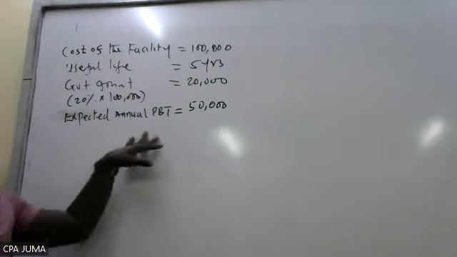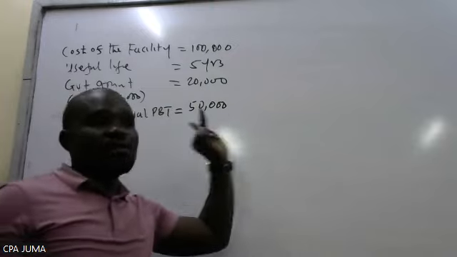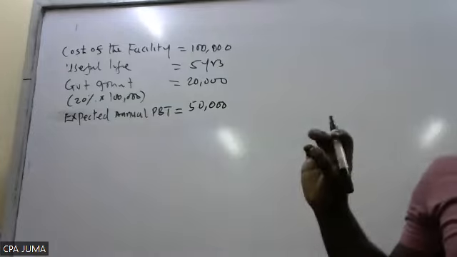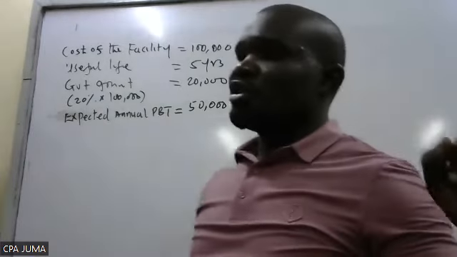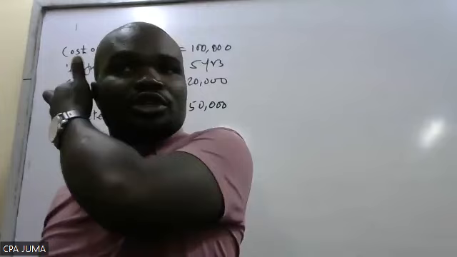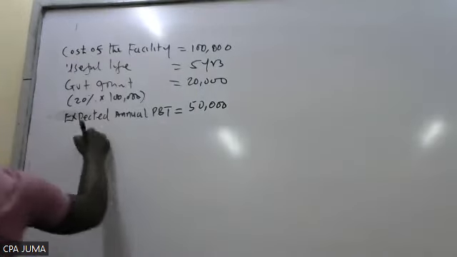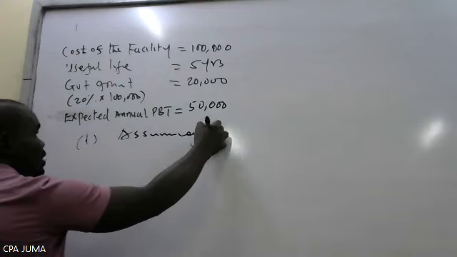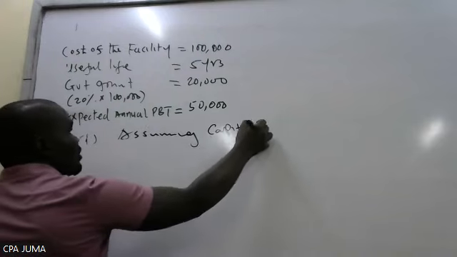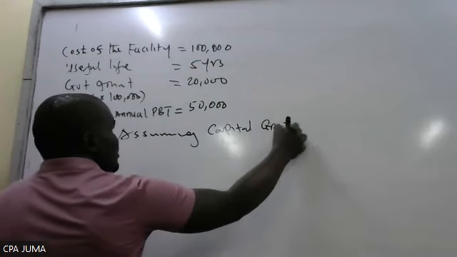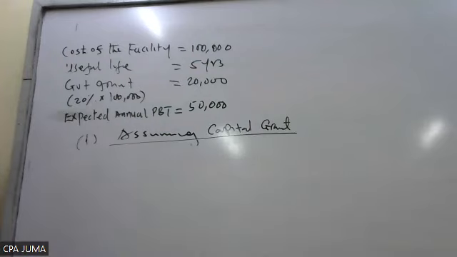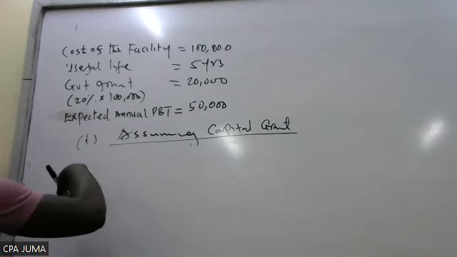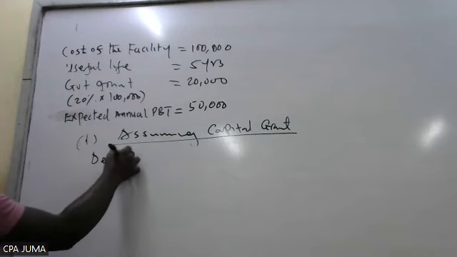So they want us to prepare P&L and balance sheets for each approach, assuming you are using a capital approach or an income approach. So let's start with Roman 1, assuming capital grants. If the grant you are given was capital in nature, then it will be this way.